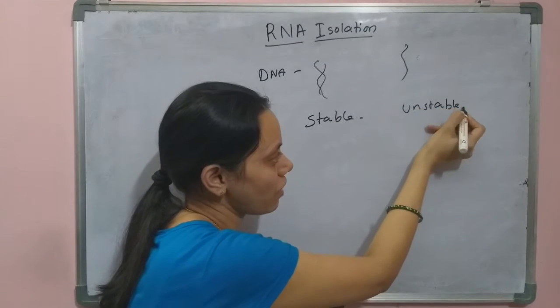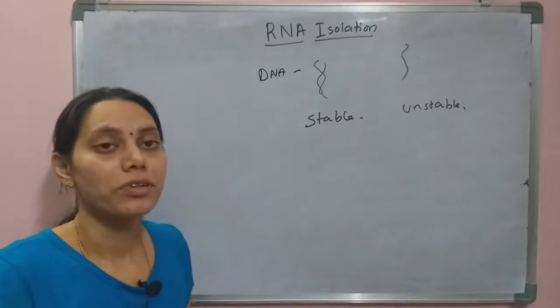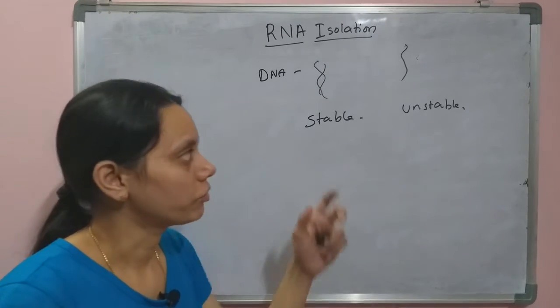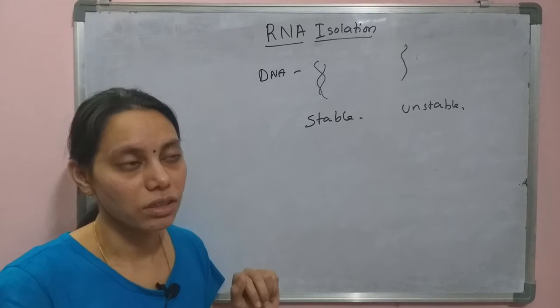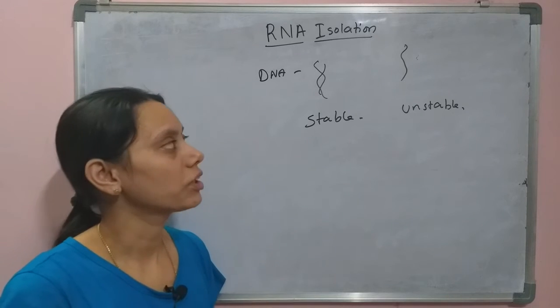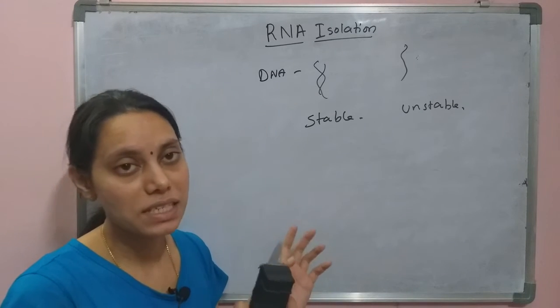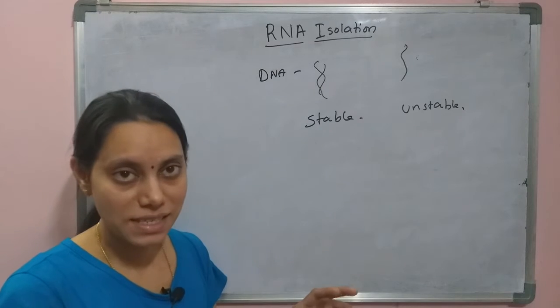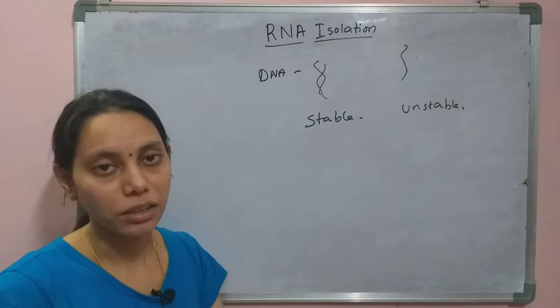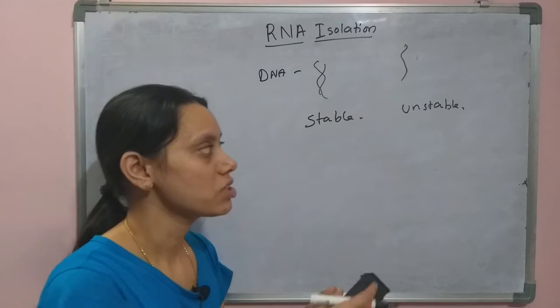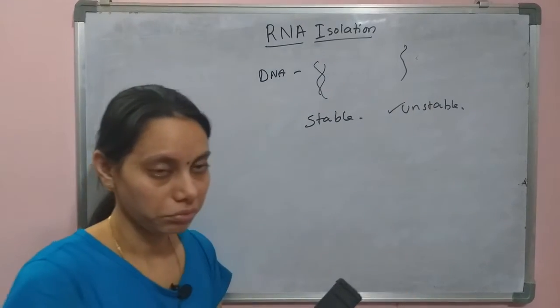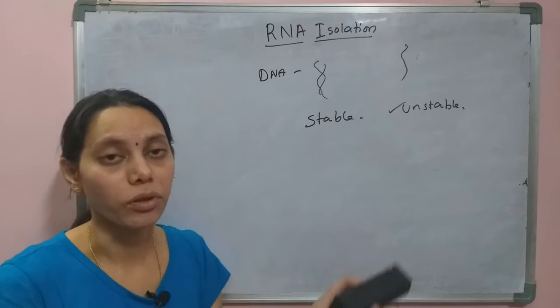Based on these factors, we need to go for a modified method for RNA extraction. The methods used for DNA extraction cannot be adopted as they are for the separation of RNA, because RNA is much more unstable and it is a single-stranded molecule.